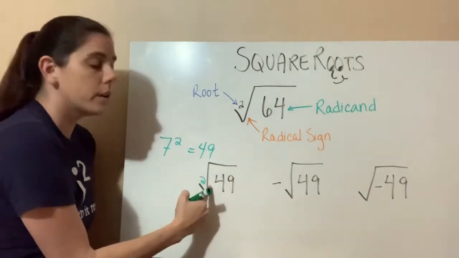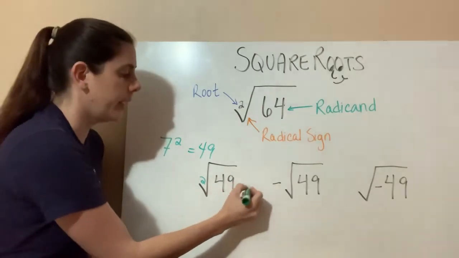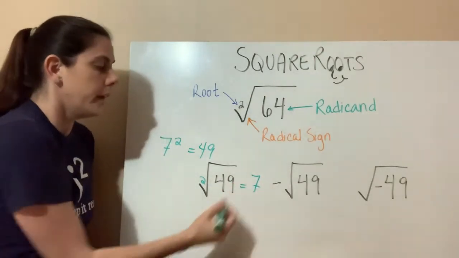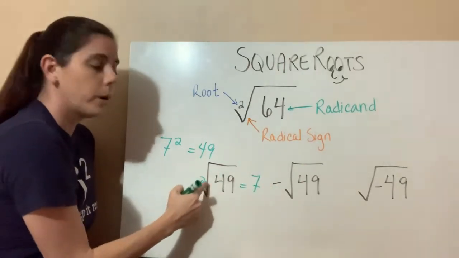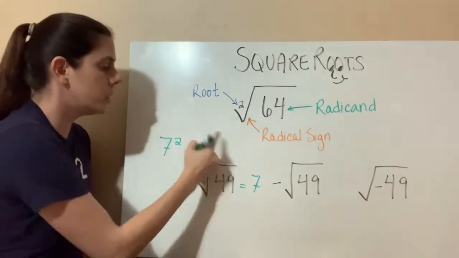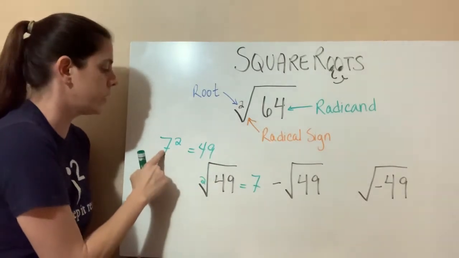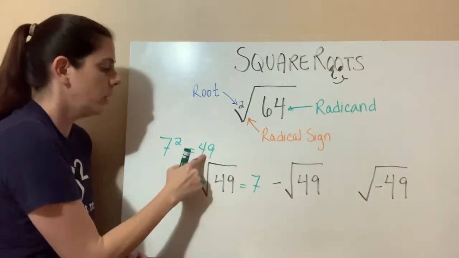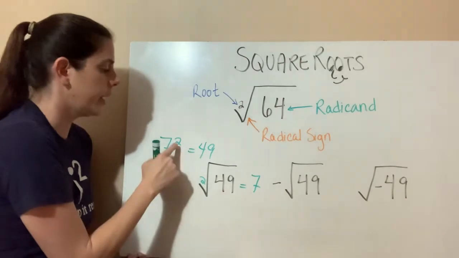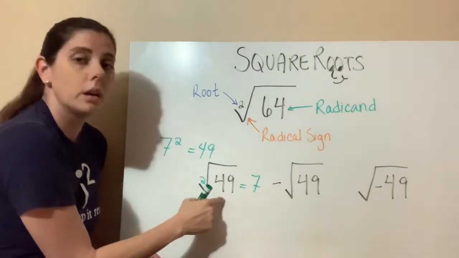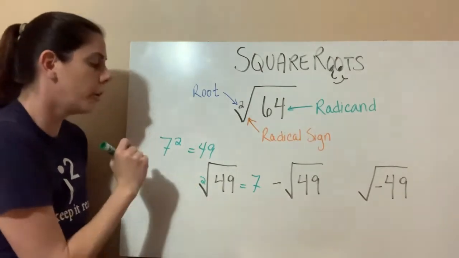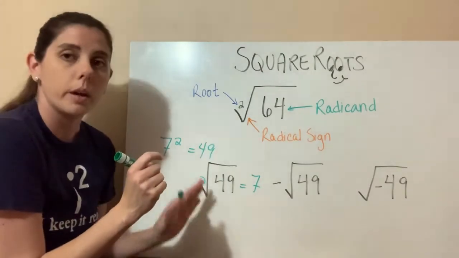So therefore, the square root of 49 would equal 7. So we don't have to put the square there because it's already right here. All 3 of these pieces are represented in this problem. We have a 7 and a 7, a 49 and a 49, and the exponent on the 7 becomes the root of the 49.